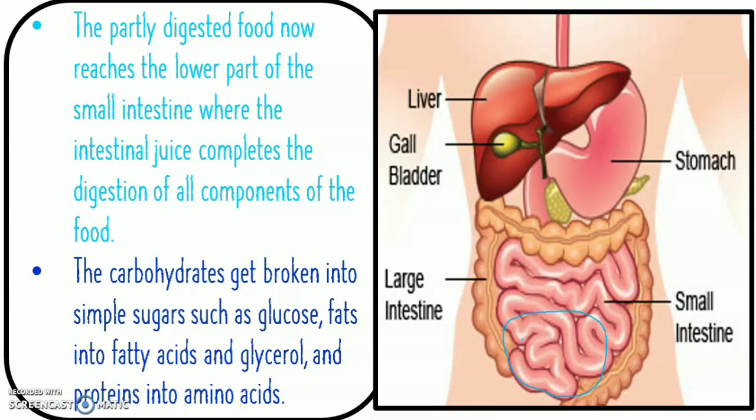So the fibers, the vitamins, the minerals, now all the digestion is done. The carbohydrates get broken into simple sugars such as glucose. Fats get broken into fatty acids and glycerol. And proteins get broken into amino acids.